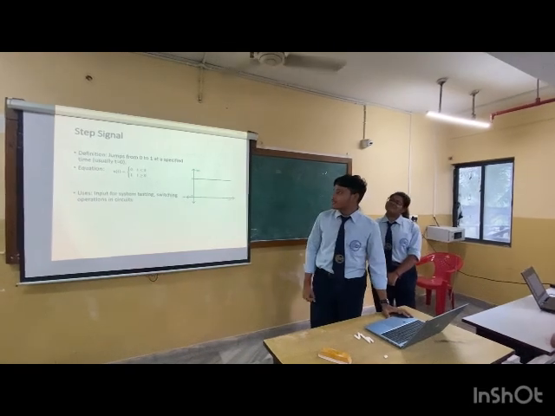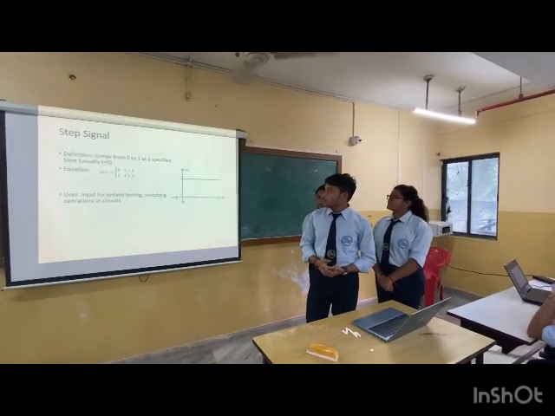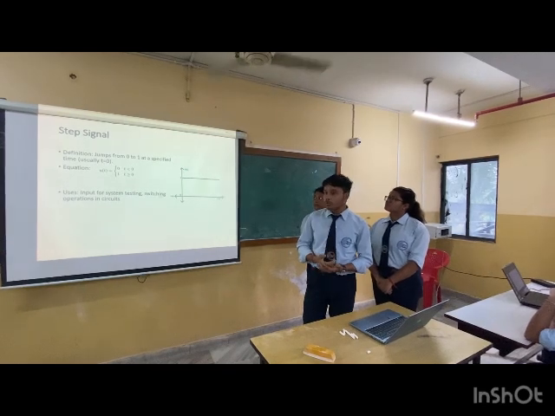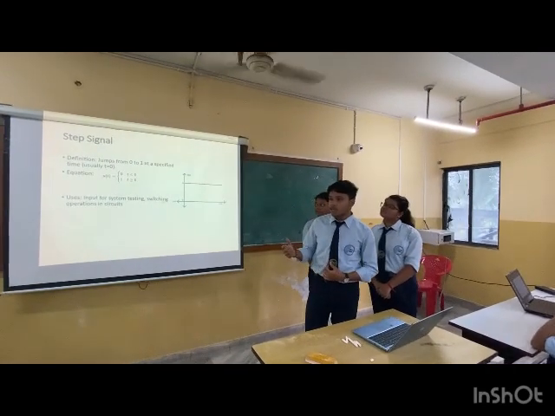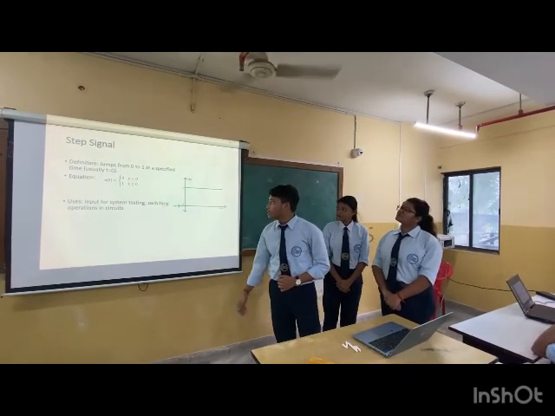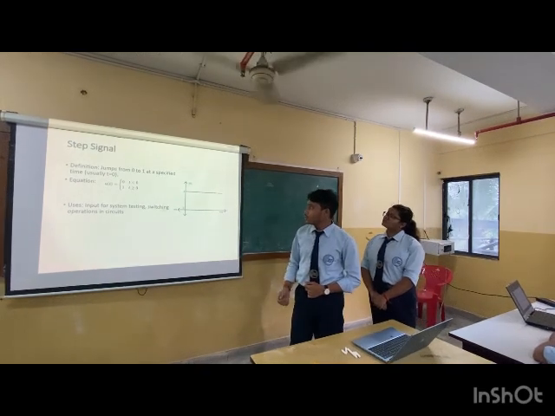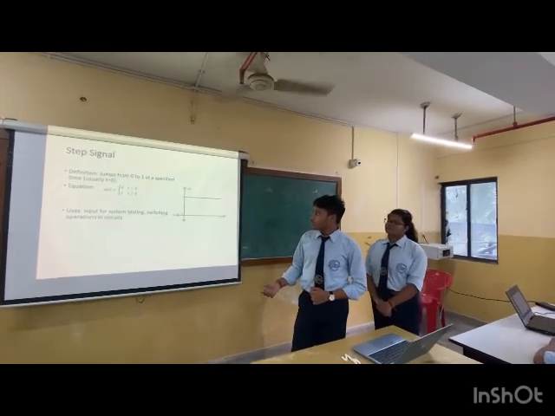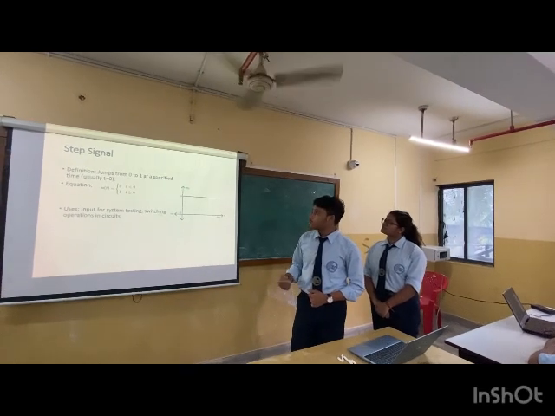Second is step signal. A step signal is a signal that jumps from 0 to 1 abruptly at a specific time, usually t equals 0. The mathematical expression is u(t) equals 0 when t is less than 0 and 1 when t is greater than or equal to 0, where u(t) is the unit step signal.